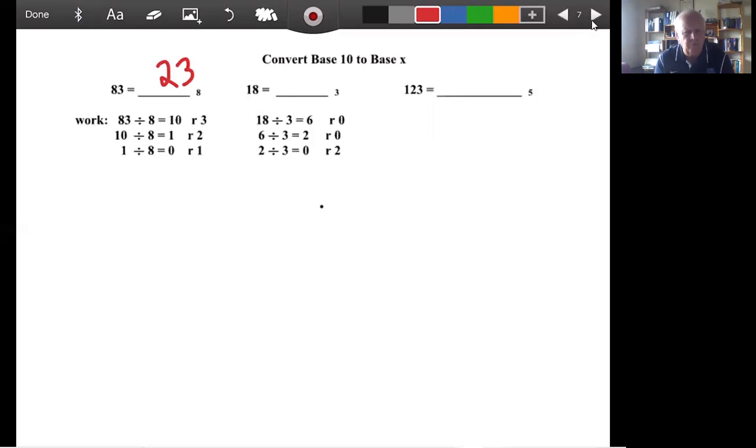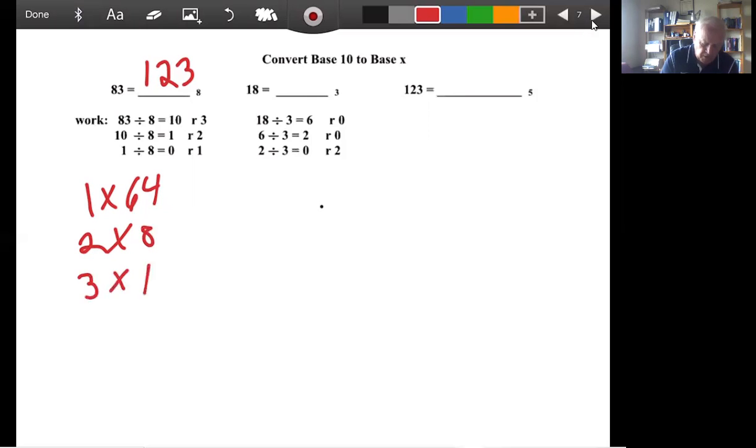And then I have 1 left over divided by 8, which is 0 with a remainder of 1. So 83 is equivalent to 1, 2, 3 base 8. You can check that because that's 1 64, that's 2 8s, and that's 3 1s, and we already know that's going to be 83.